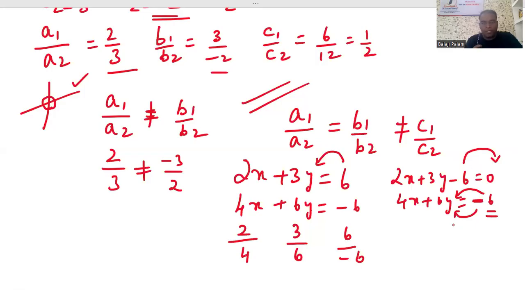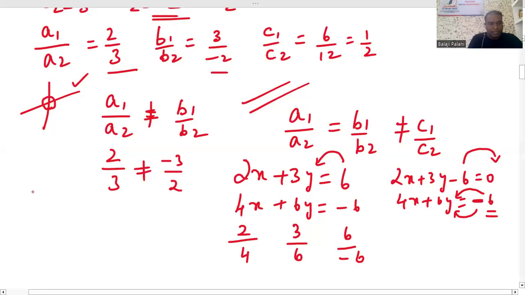Okay, so அந்த மாதிரி twist and turns you can expect from these questions. Be very careful and clear with the coefficients and the signs. And one more thing, you can also have it like this: 2x plus 3y minus 6 is equal to 0, and 6y plus 4x is equal to minus 6.